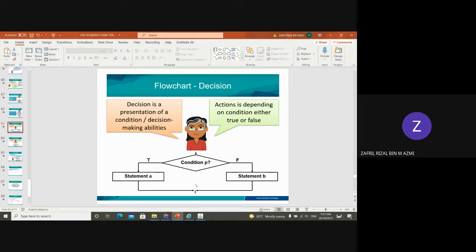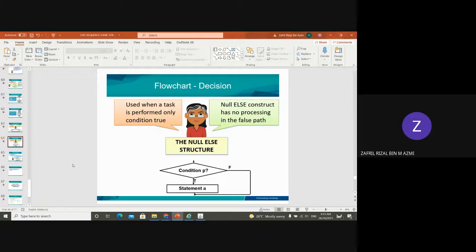You may put it over here, or over here, but limited to only two arrows, true or false. Over here still true, and then this is false. It doesn't matter how you design it, but make sure only two arrows come out from a diamond, which is a condition or a decision.